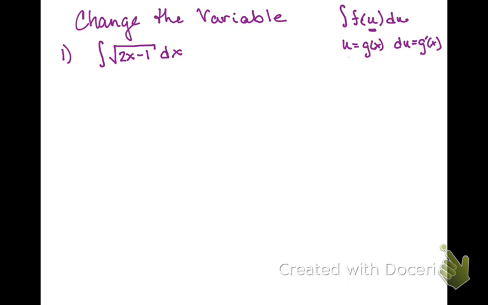So we're going to identify those things. So u is 2x minus 1. du is 2. Why just 2? Because it's the derivative. Yes.